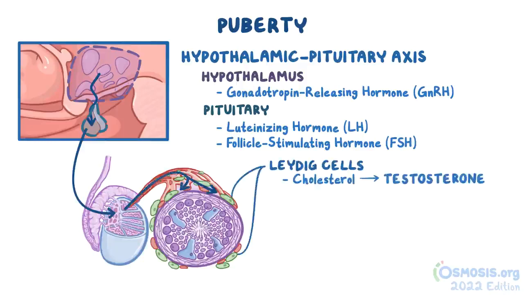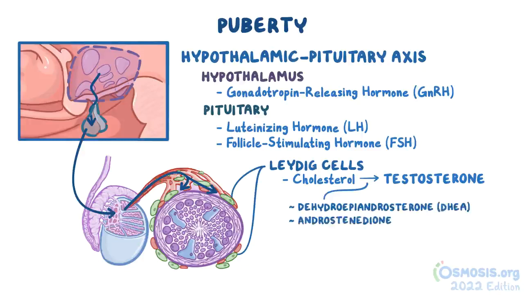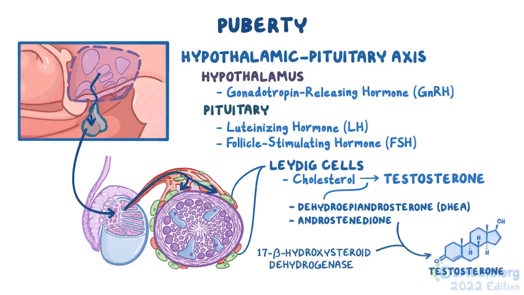Two important intermediate molecules in that process are dehydroepiandrosterone, also called DHEA, and the molecule that it gets converted into, androstenedione. The last step is to have the testicular enzyme 17-beta-hydroxysteroid dehydrogenase convert androstenedione into testosterone.